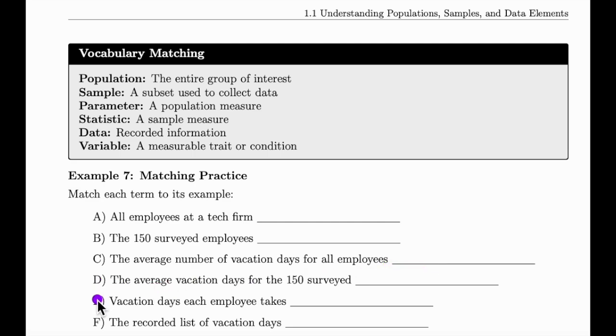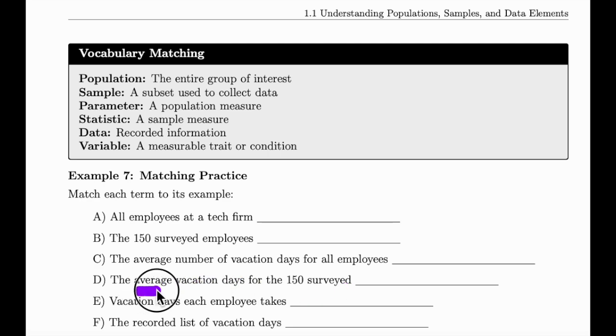For D, this says the average vacation days for the 150 surveyed. This is a value as well that summarizes the 150 people that were surveyed. So this summarizes a group of people, but it doesn't summarize the entire group of people. It summarizes only that subset that we used for the sample.